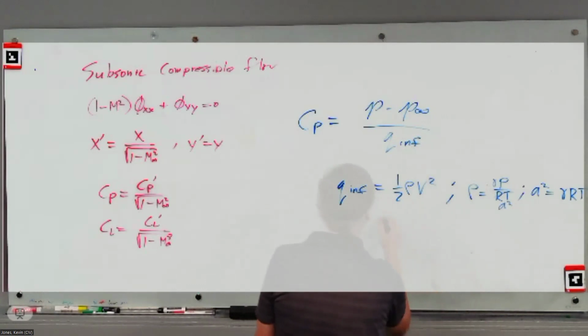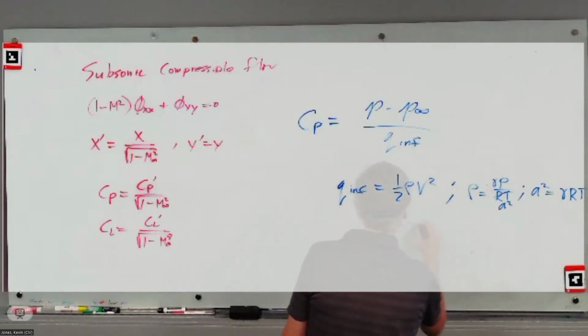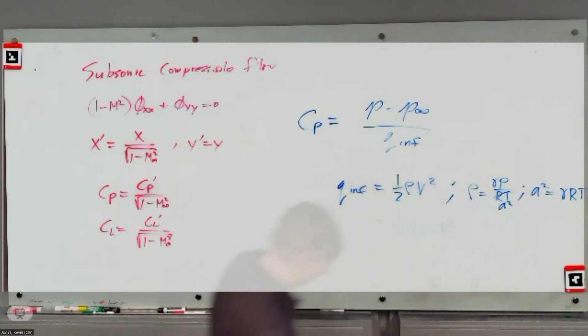We plug that in and get half gamma P infinity Mach squared. We already have all of those, so we'll just use that.